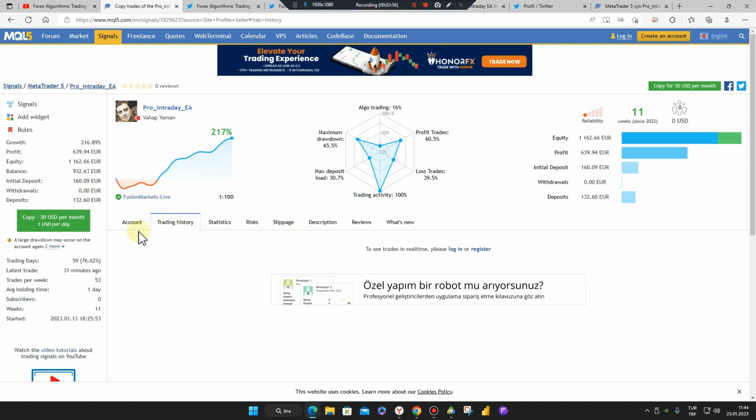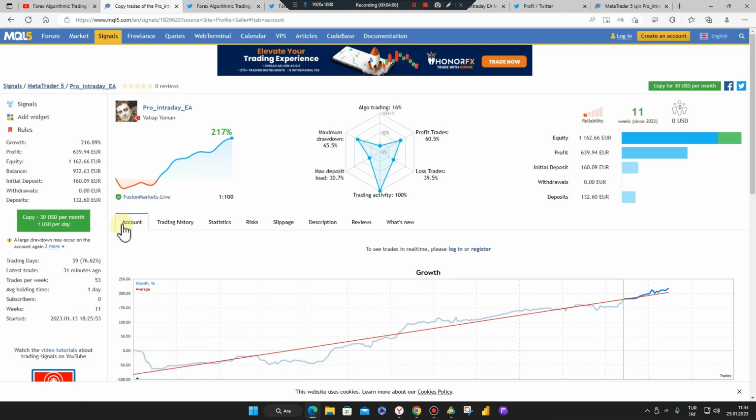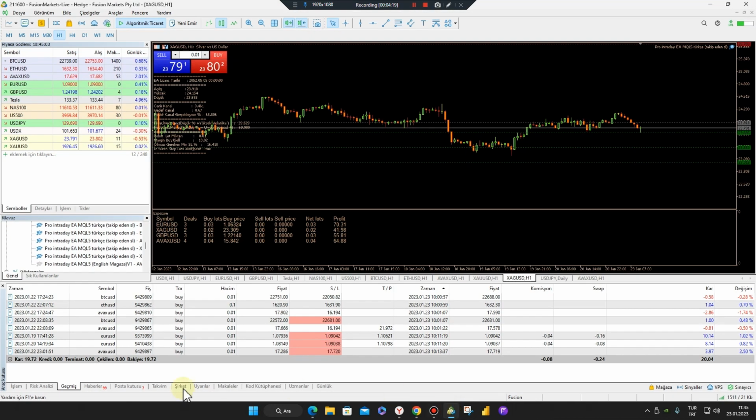And after opening the trade, here, you can also manage the operation according to the SL and TP points you specify. When these points are reached, whichever one of them comes first, the trade is closed.